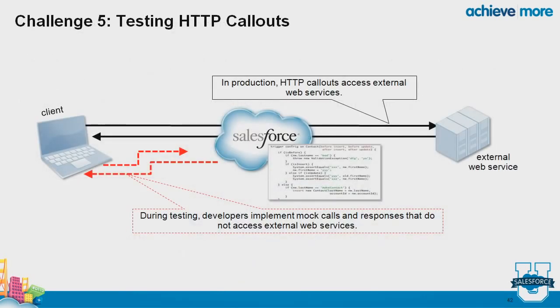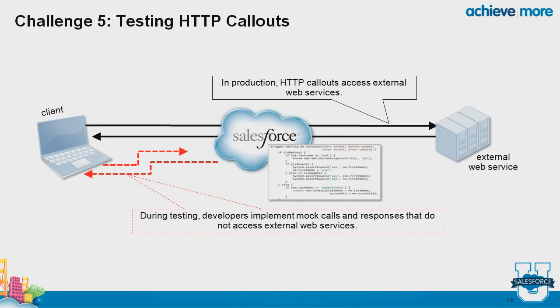All right. Another challenge that's important to understand has to do with callouts. As I mentioned in the beginning, in a test, you cannot make a callout because you cannot uncall.